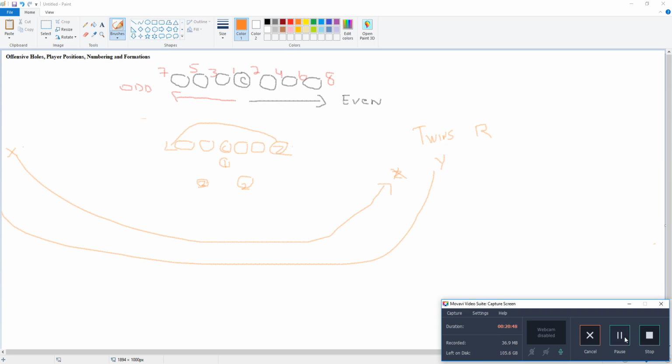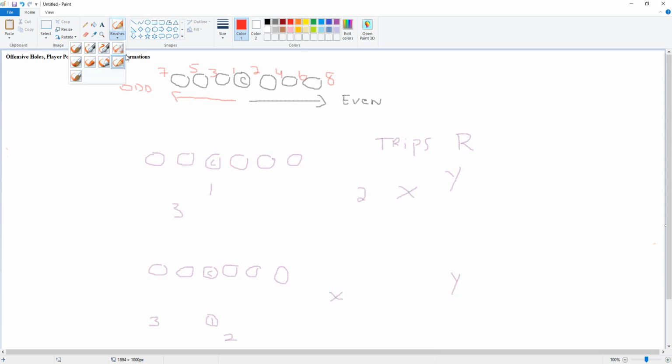All right, for trips formation, triple, we're going to have 3 to the right or the left. So in this example, we have trips right. It's just like twins, except we're going to slide one of our running backs out.